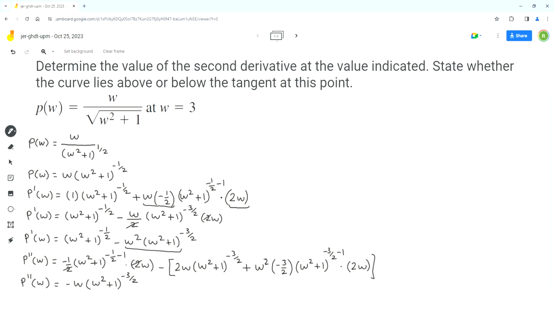Now in the second part, minus brackets, we can move w squared plus 1 exponent negative 3 over 2 to the denominator of 2w to make the exponent positive.